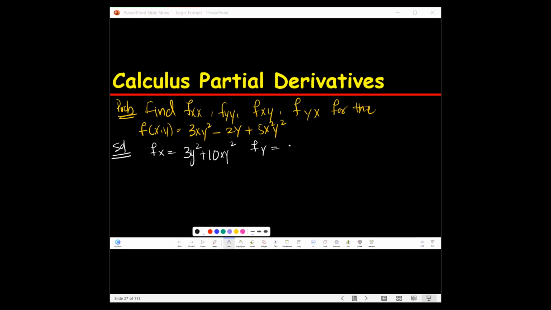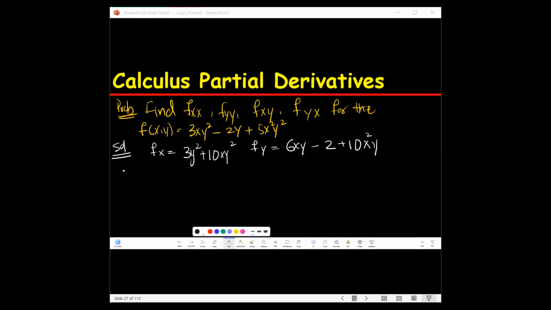And fy, when x is constant, is 6x y minus 2, plus 10 x squared y, because x is constant at this point.